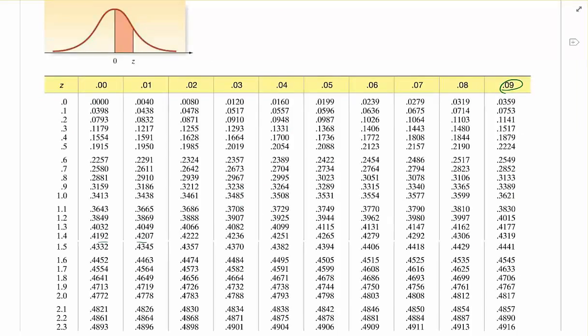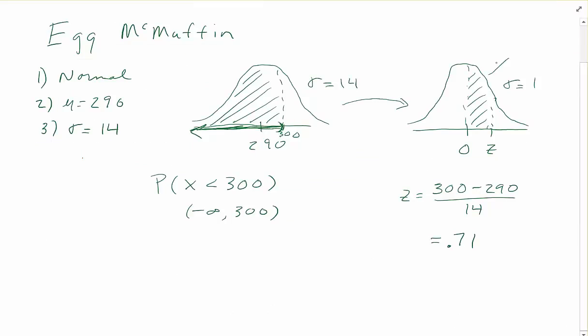My z-value is 0.71. So I'm going to go down to row 0.7 and over to column 0.01. So I get a 0.2611. So this area here is 0.2611.